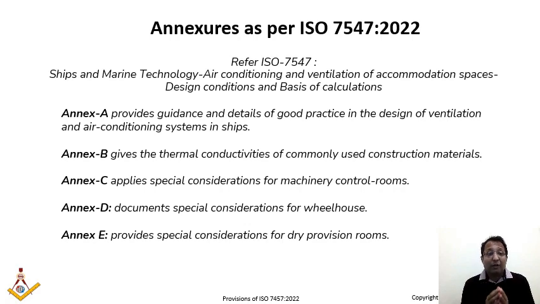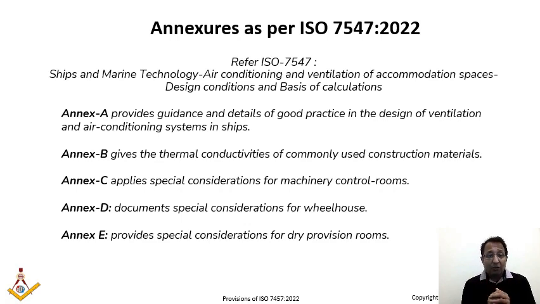Annexure A provides guidance and details of good practices in design of ventilation and air conditioning systems in the ship. That I'm going to cover. Then Annexure B gives thermal conductivities of commonly used construction materials in marine. Then Annexure C applies to special considerations in machinery control rooms.